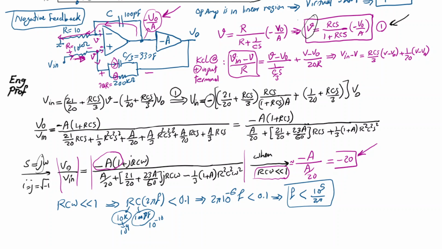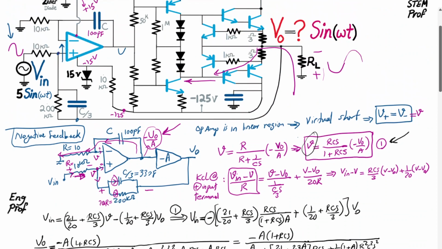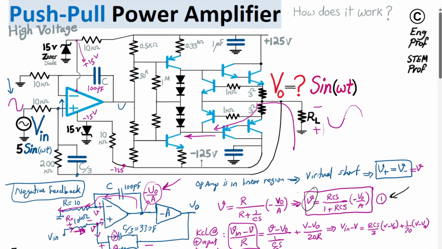And therefore, just as a reminder, when we are dealing with very close to DC frequencies, this cap is open, and effectively the voltage of the negative terminal is defined by just this resistor connected to ground.